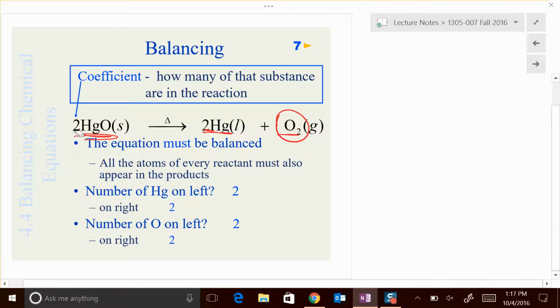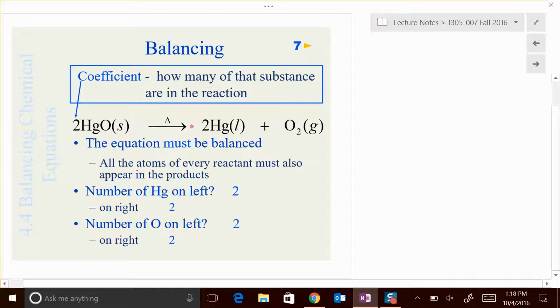So I have to put that 2 as my coefficient out front so that I have 2 oxygens. And then I have to balance the mercuries, because now that I have 2 mercuries, I have to have 2 mercuries over here. And now I have accounted for all the atoms in this chemical reaction. They are the same on both sides of the reaction.